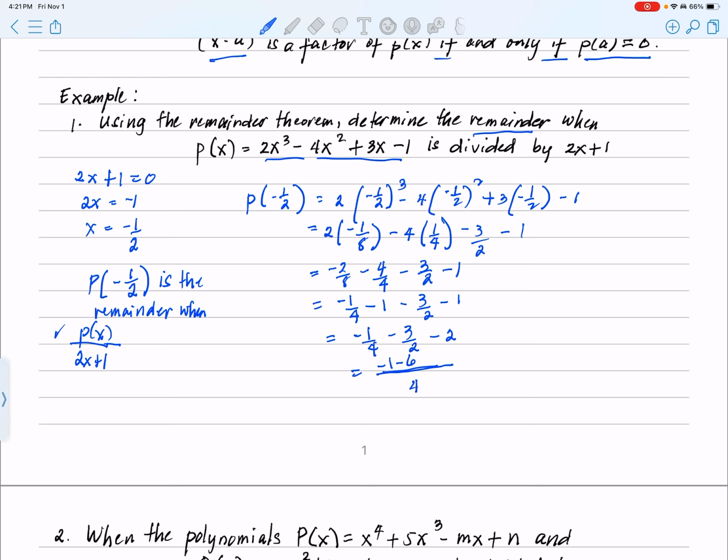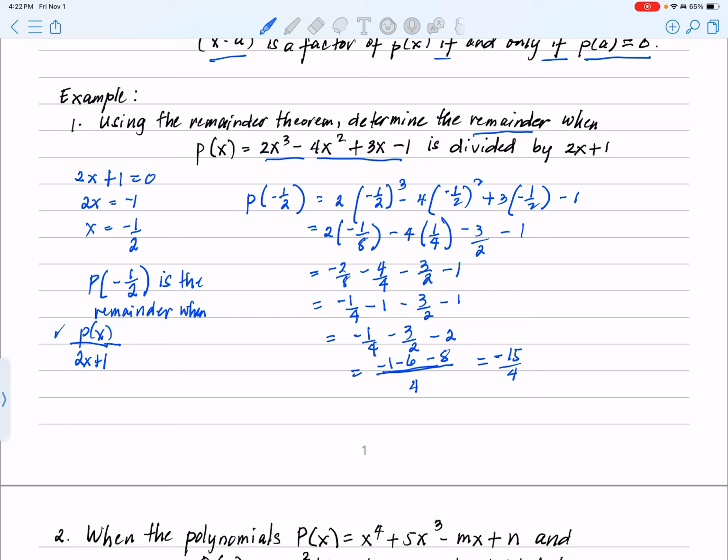Then 4 divided by 1 is 4, then times 2, that's negative 8. Okay? So I have negative 1, negative 6, negative 8, that's negative 15 over 4.